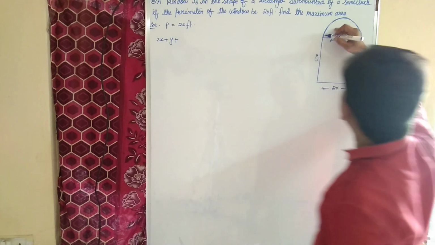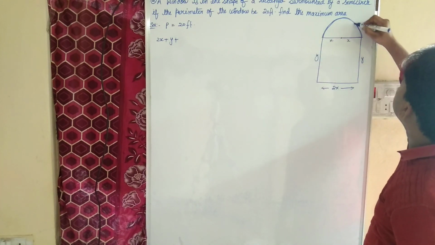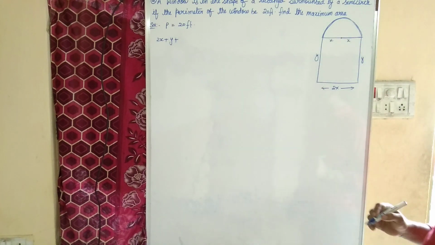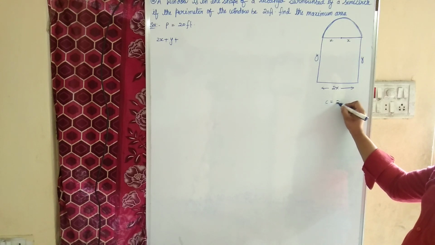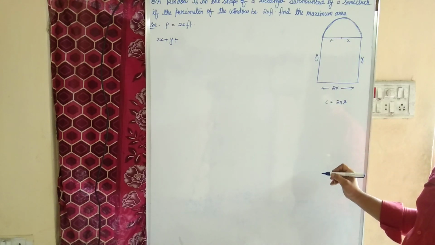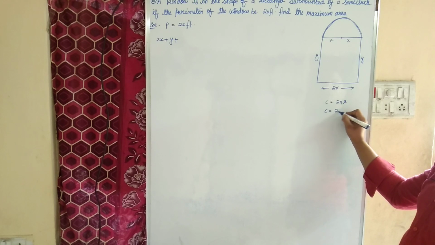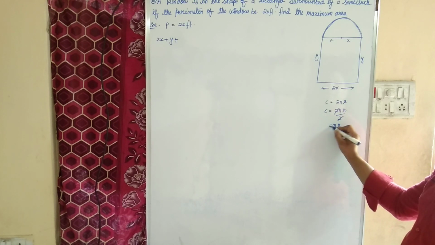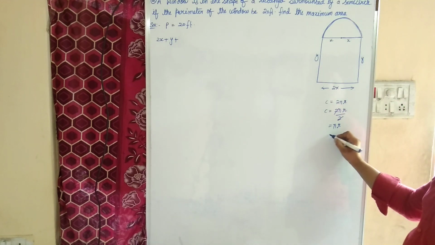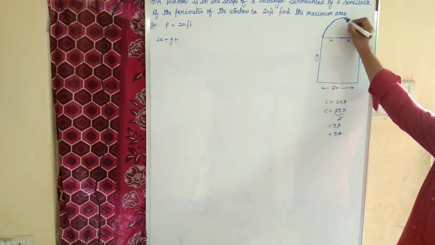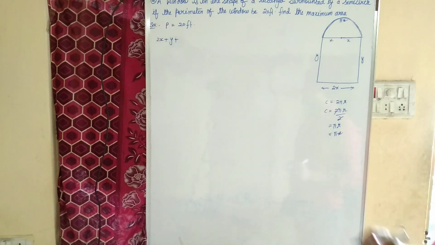What about this curved part? Circumference of a circle is 2 pi r, but this is a semicircle, so 2 pi r by 2, the 2 gets cancelled, pi r. Here radius we have taken as x, so this will become pi x.